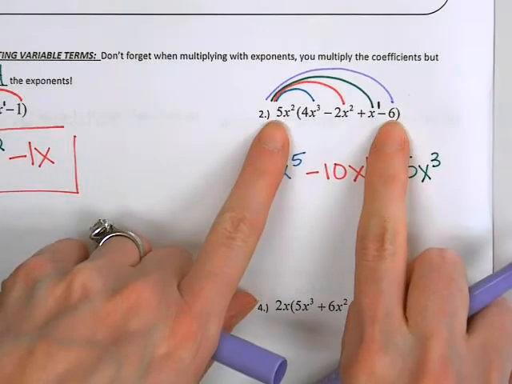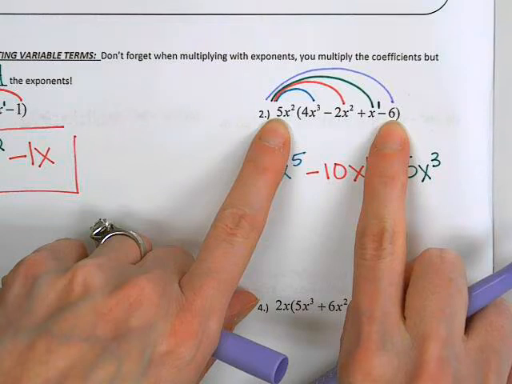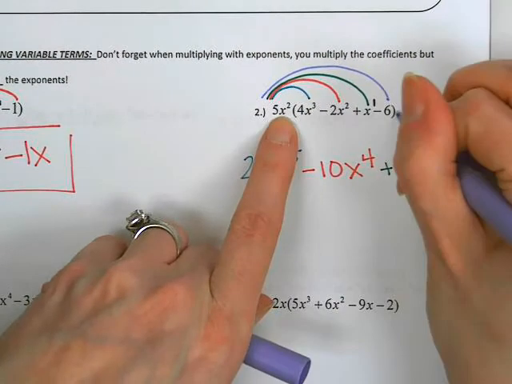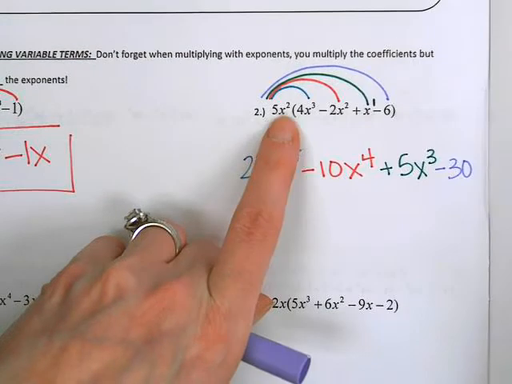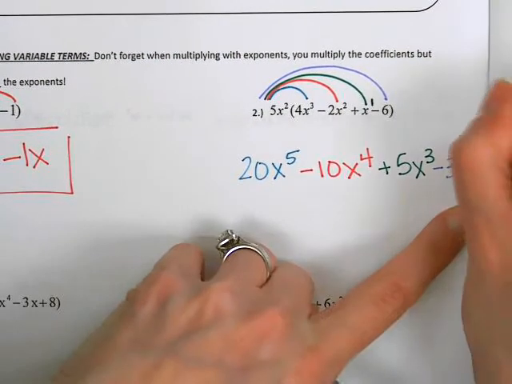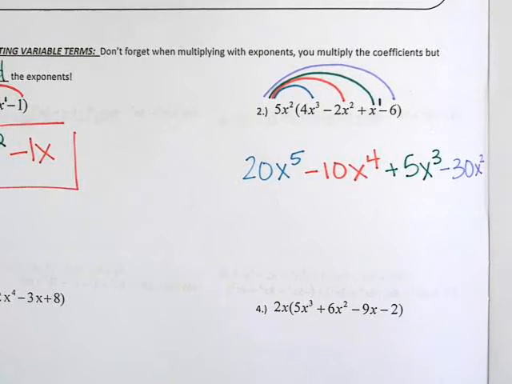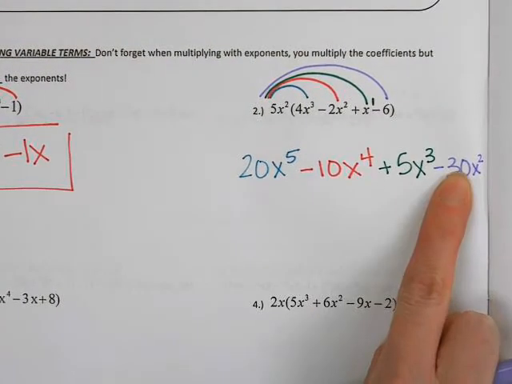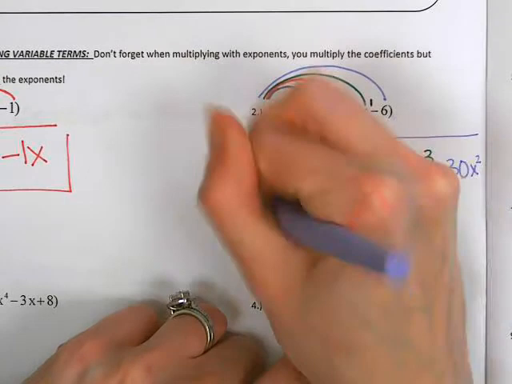You multiply the numbers. 5 times negative 6 is negative 30. And you add the powers, but this one doesn't have any x's, so there's only x squared. If there's no more to add, then it just stays the same, x squared. So this is your multiplied answer.